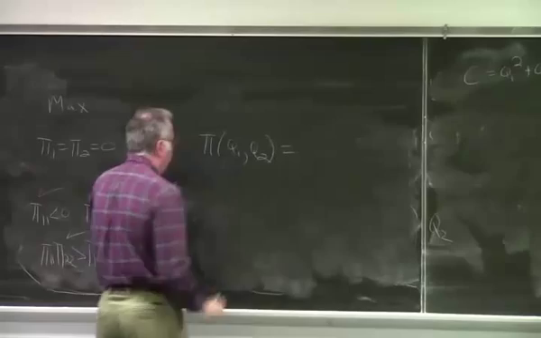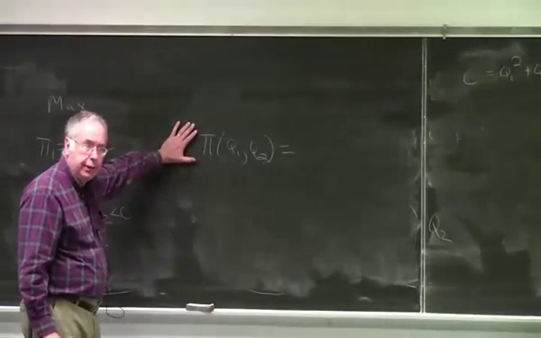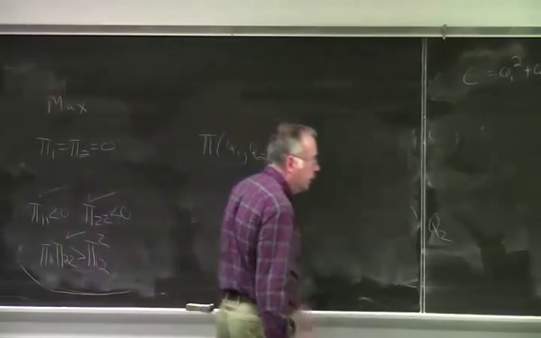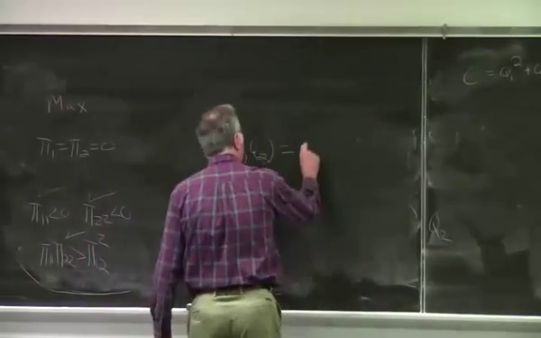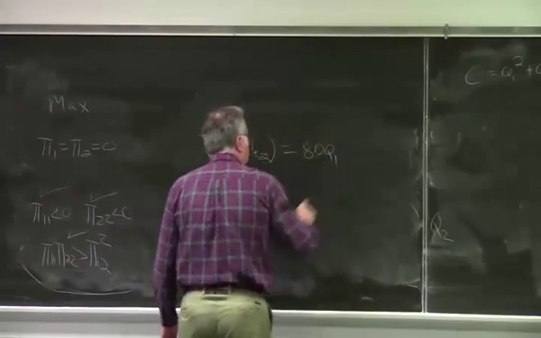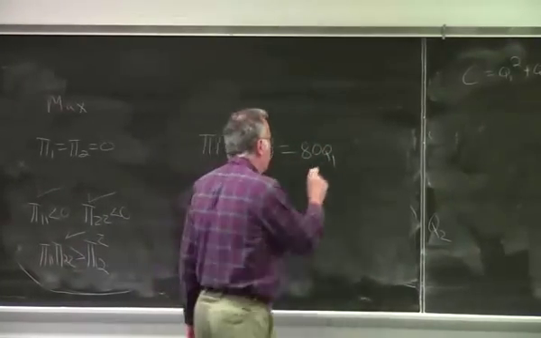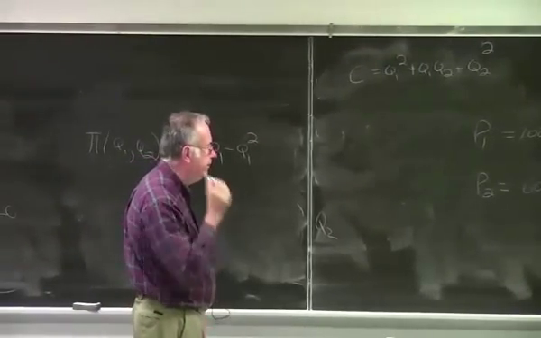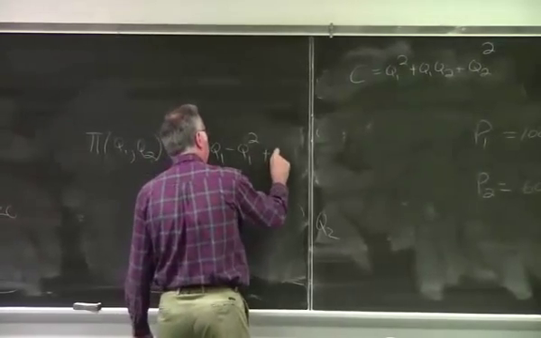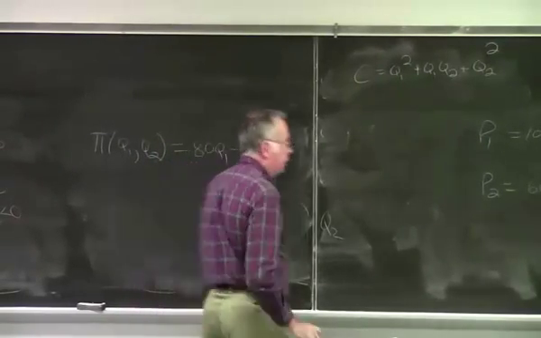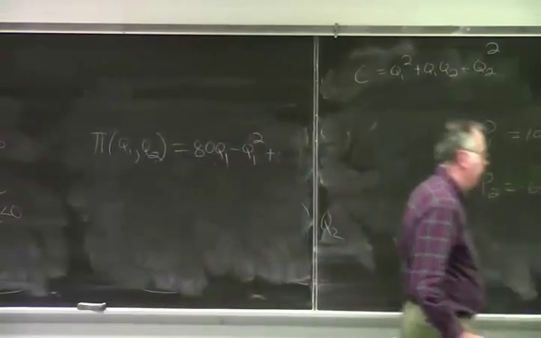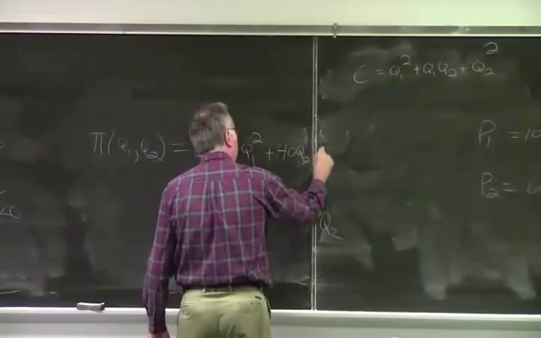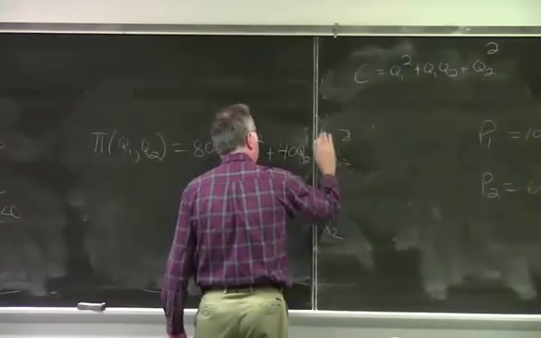For this problem, this profit function is our objective function. That's the thing we're trying to maximize. Let me just write it down, and then I'll get your question. So it'd be 80 Q1 minus Q1 squared plus, not 60 Q2, because we have 60 minus 20, so it'd be 40 Q2, minus Q2 squared. Yeah, Ben?